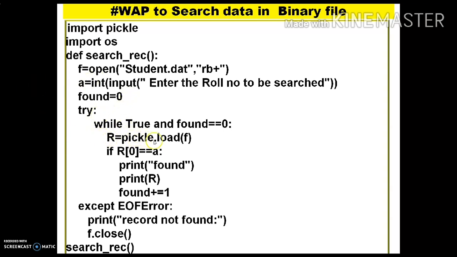That's why I am writing r is equal to pickle.load, passing the parameter f. Now you check the roll number, subscript r of 0. r of 0 is equal to whatever roll number you receive from the user, that is A. If you found the roll number, then found is equal to found plus 1. Now you print this record, and found plus 1 indicates that the record is found.